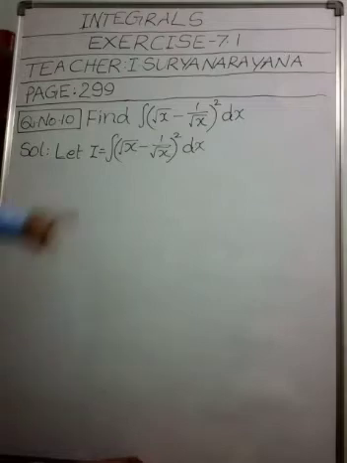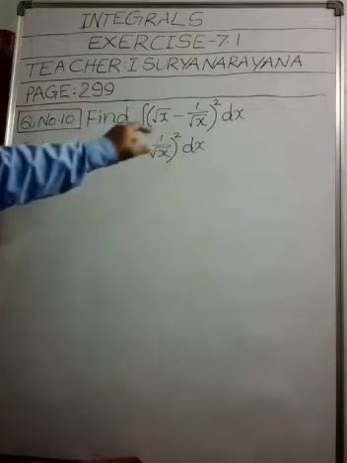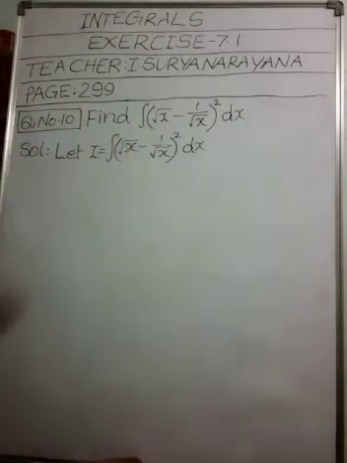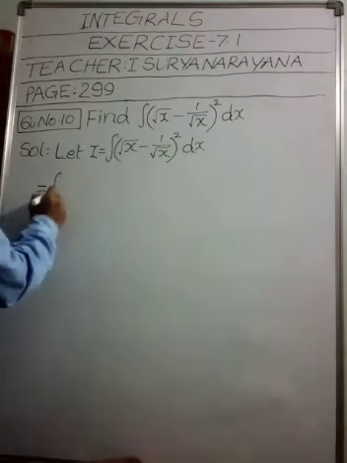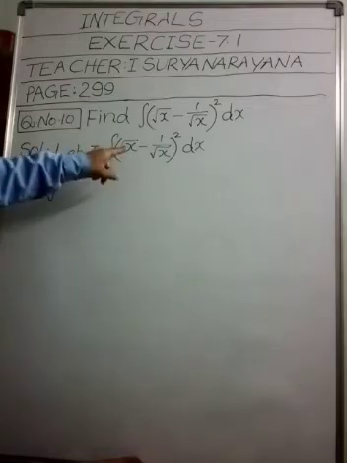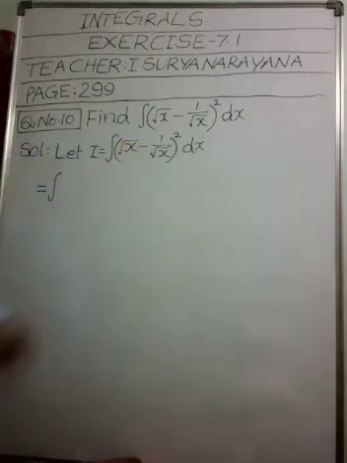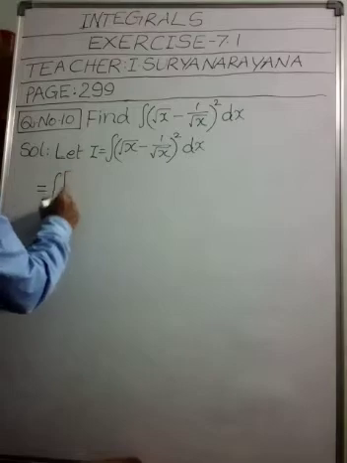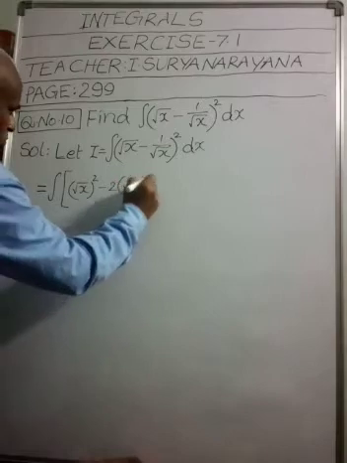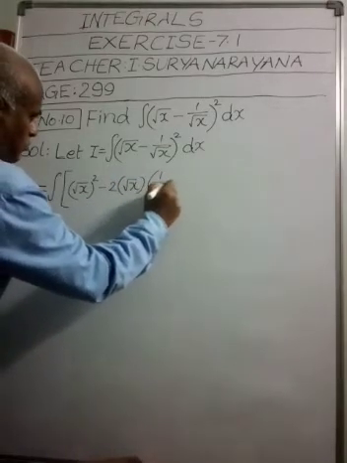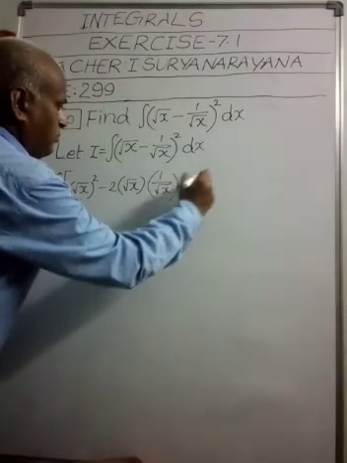Right. Now, if we observe the integrand, it is in the form of a minus b whole square. So, first of all, let us expand this algebraic expression. This is equal to a minus b whole square, where a is equal to root x and b is equal to 1 by root x. So, root x whole square minus 2ab plus b square, that is a square minus 2ab plus b square.